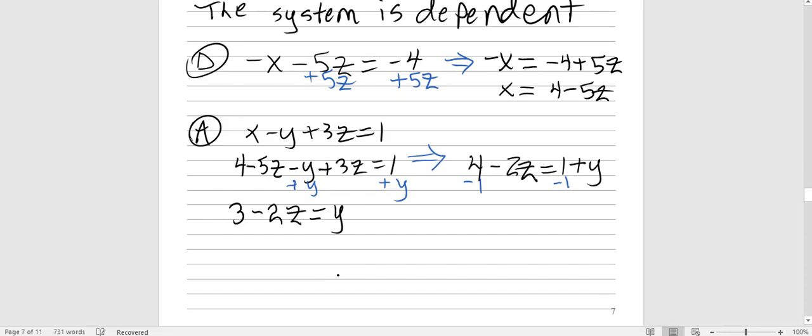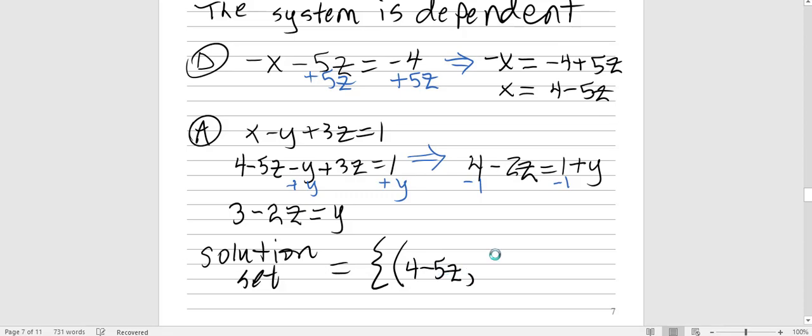So the system is dependent, and the solution set consists of all ordered triples, where the x is 4 minus 5z, the y coordinate is 3 minus 2z, and the z I can let equal any real number.